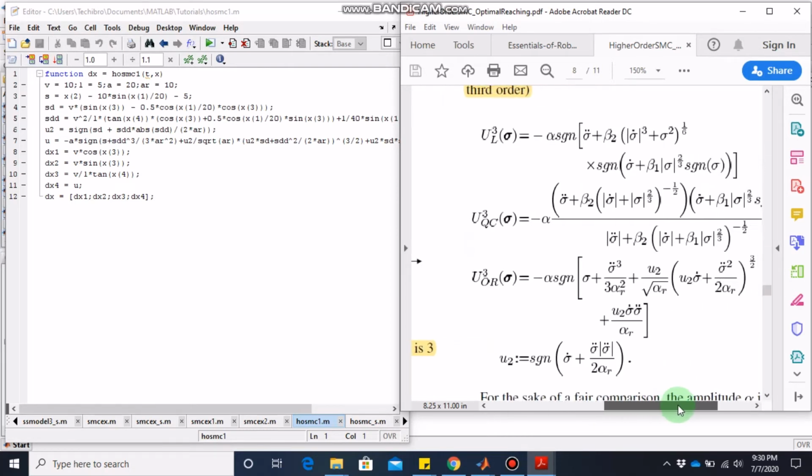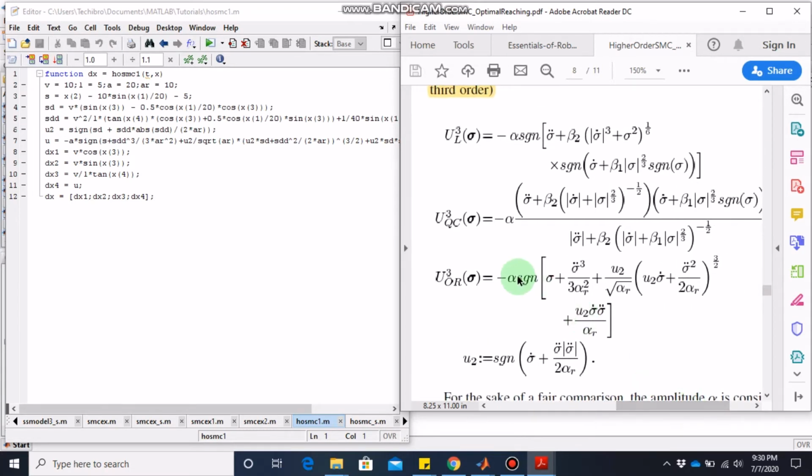So far we have written the code for this optimal controller. Okay, so now let us simulate this controller as well.